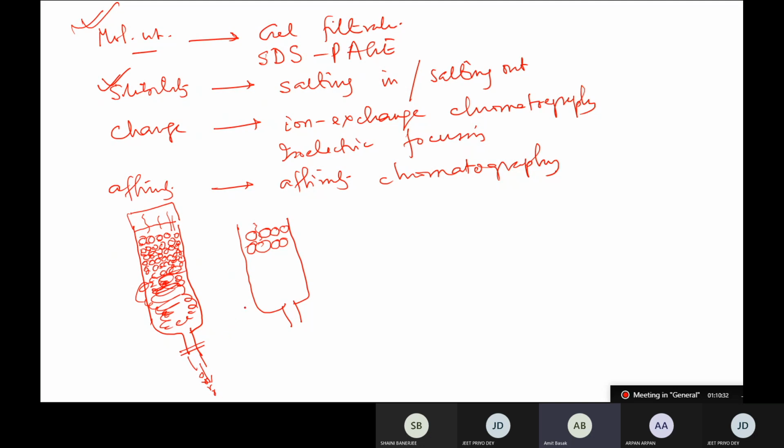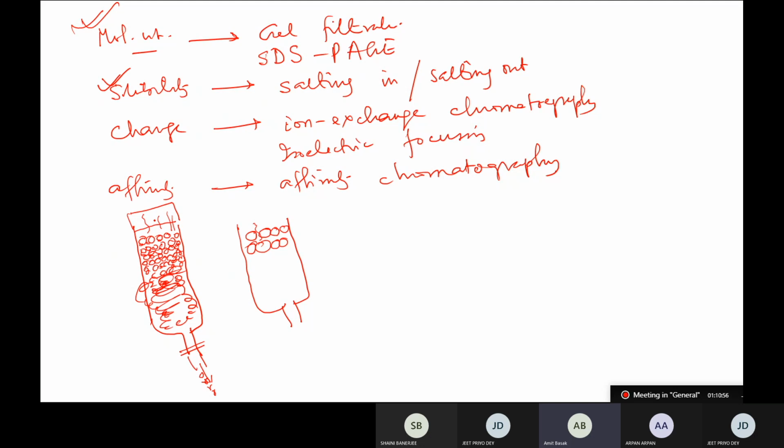Now what will happen here is that because there are small gaps between these beads, proteins which are small in molecular weight, that means their size is also small. When the molecular weight differs, the size of the molecule will also differ.